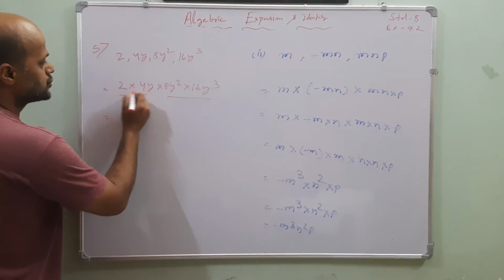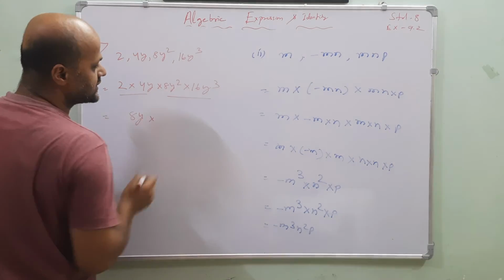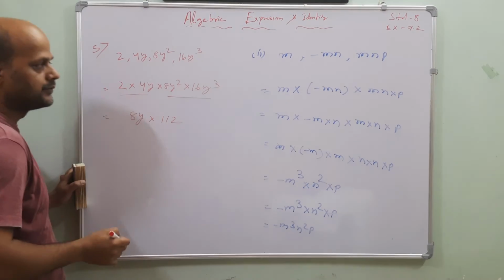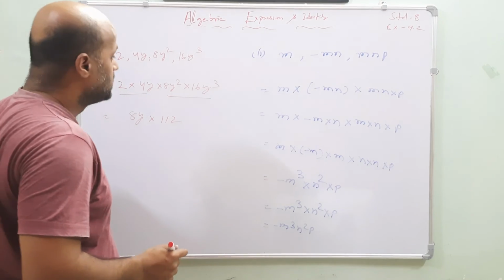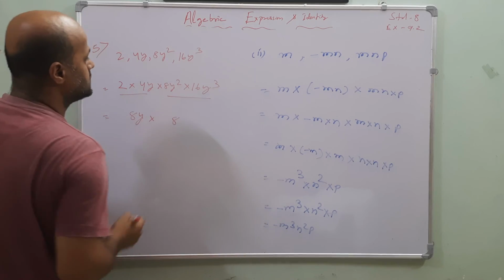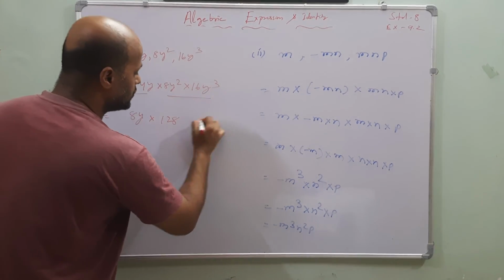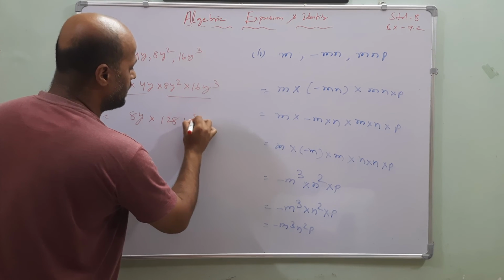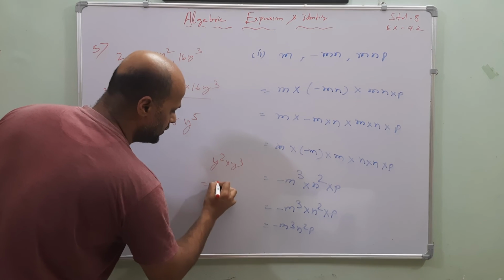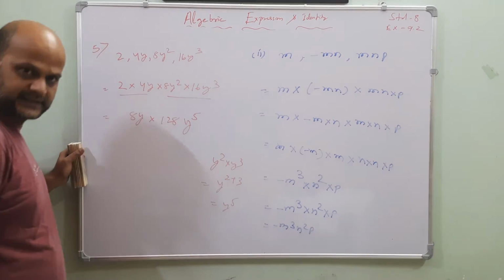So 2 4s are 8y into, this one is 8 into 16, 128, y square into y cube. Who will tell me? Yes, y power of 5. Why? y square into y cube is equal to y power of 2 plus 3, which is equal to y power of 5. This is the solution.